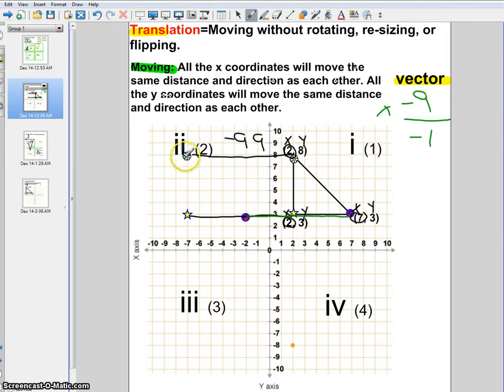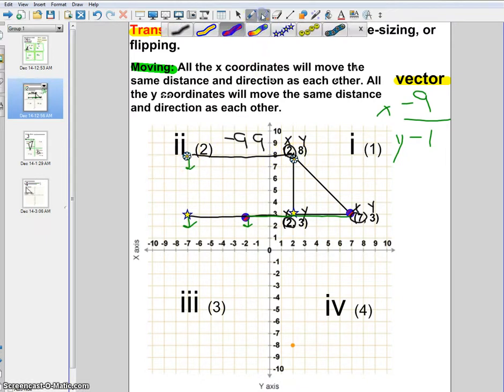So I'm moving 9 to the left and 1 space down. This is called a vector, and -9 over -1 means you move or translate your figure 9 spaces to the left and 1 space down.